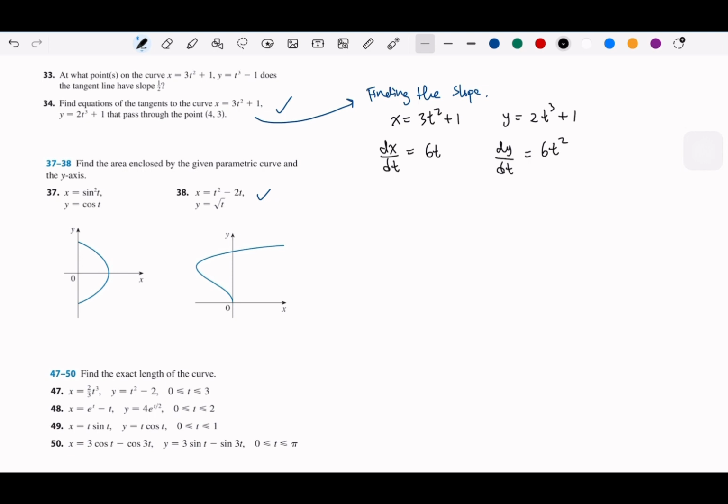The most frequent mistake is to write dy dx by switching the dx and dy.